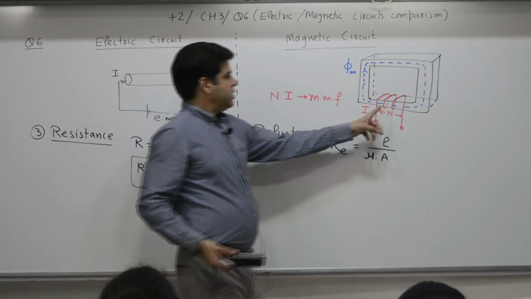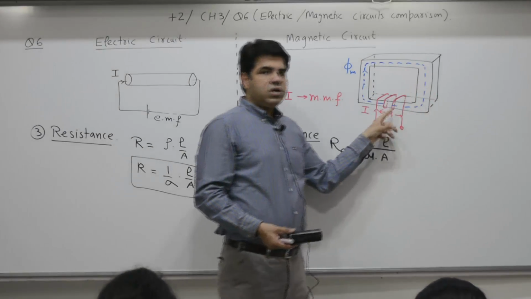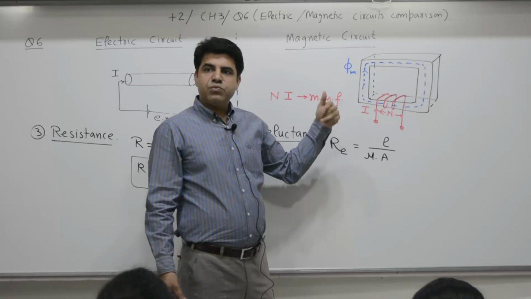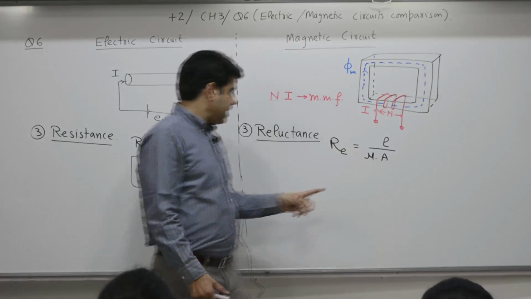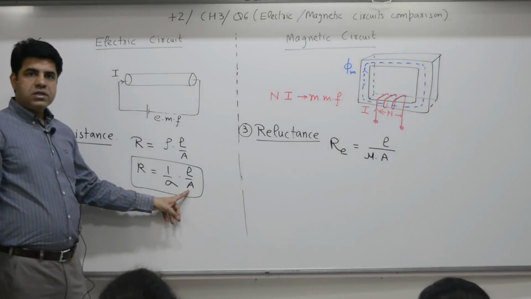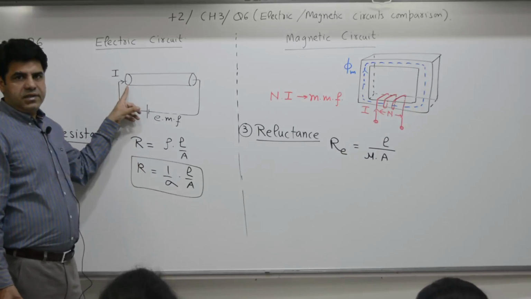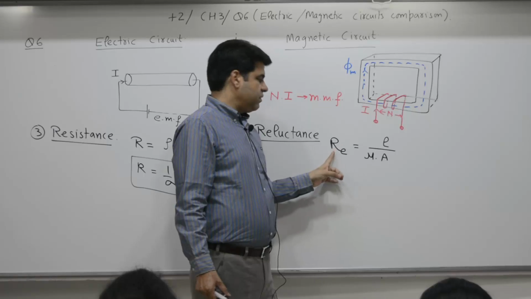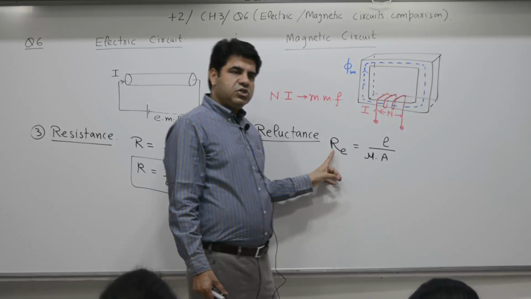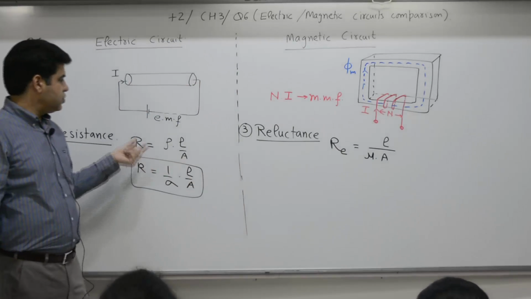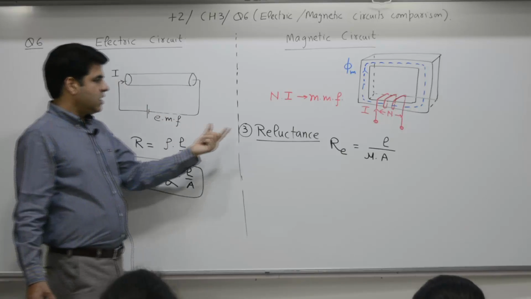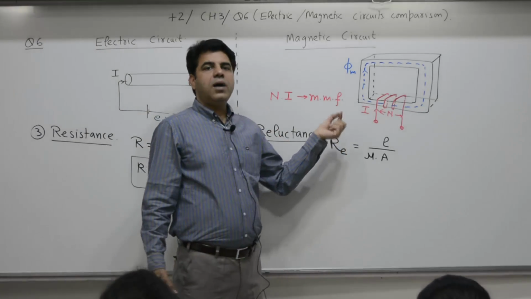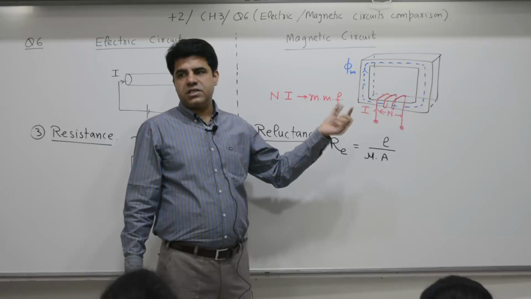Here also, if this length is more, opposition is more. If cross-sectional area is more, resistance is less. Here also, if cross-section is more, opposition will be less. So resistance depicts opposition in an electrical circuit, reluctance gives you opposition in magnetic circuits.